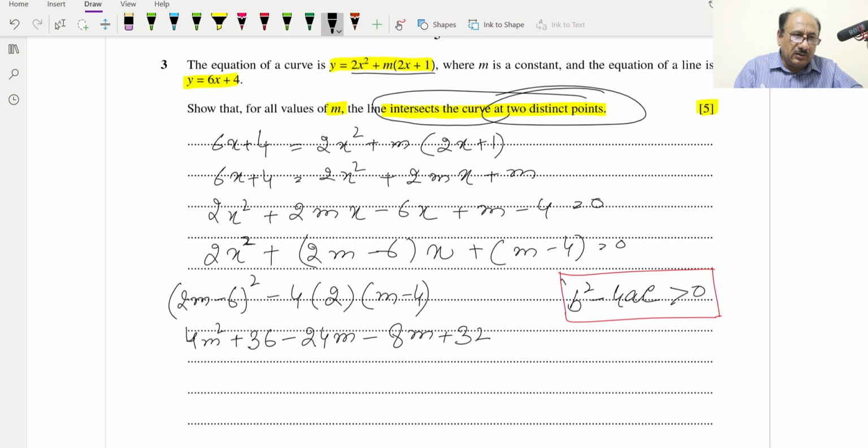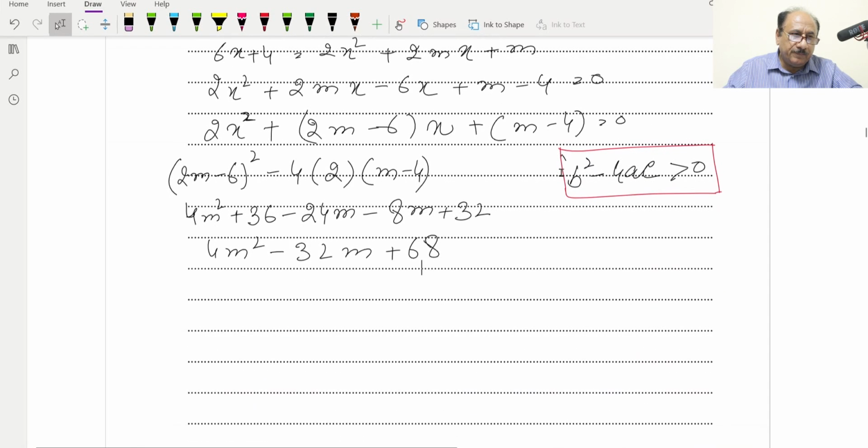Further we can combine them: 4m squared, and minus 24 minus 8 will be minus 32m, and plus 36 plus 32 will be plus 68. Now we can move the page.